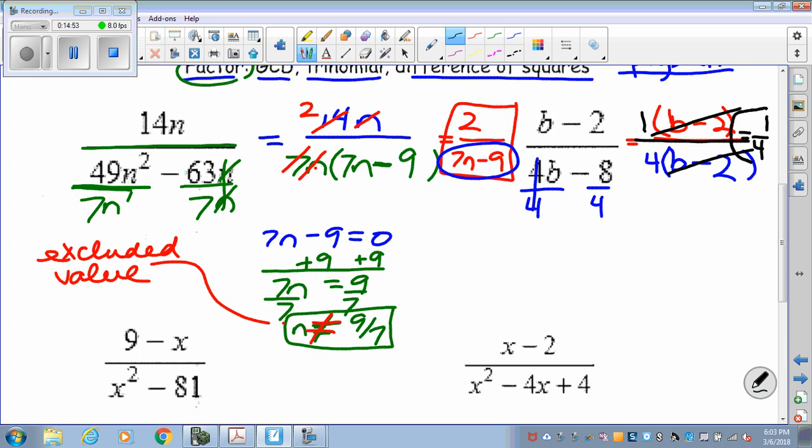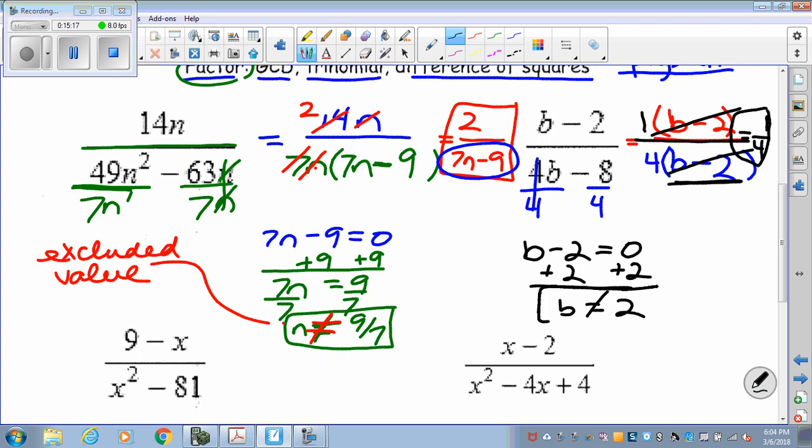All right, now excluded values. Well, 4 can't equal 0, right? 4 is 4. So I'm going to look at this b minus 2 factor. So b minus 2, I'll set that equal to 0, and get the b by itself. So b equals 2. And so that's an excluded value, so b cannot equal 2.